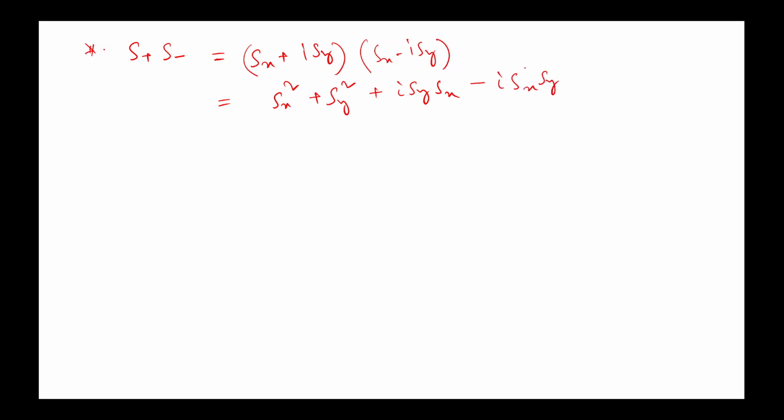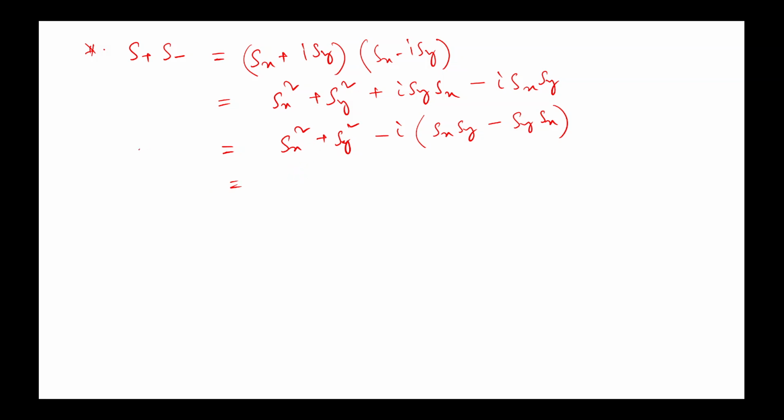So the order actually matters here because Sy and Sx don't commute. So you have to write it in the proper form. You cannot just simply write Sy Sx is equal to Sx Sy, because they do not commute and they are operators. So you have Sx square plus Sy square, and then take minus i common, so you will have Sx Sy minus Sy Sx.